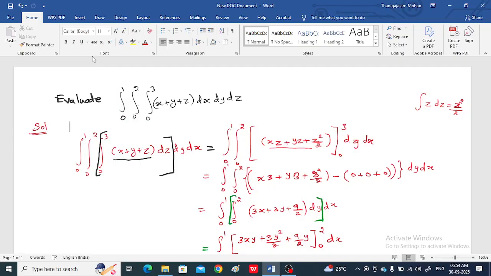If we integrate this with respect to z, x is independent of z, therefore introduce z here, and y is also independent of z, therefore introduce z here.